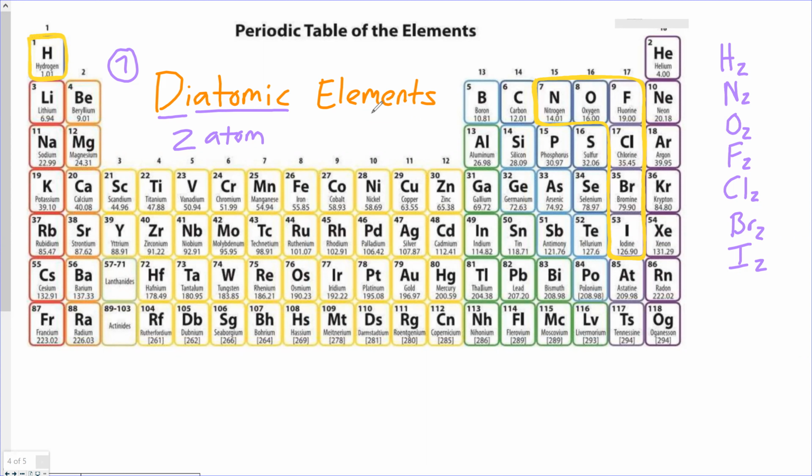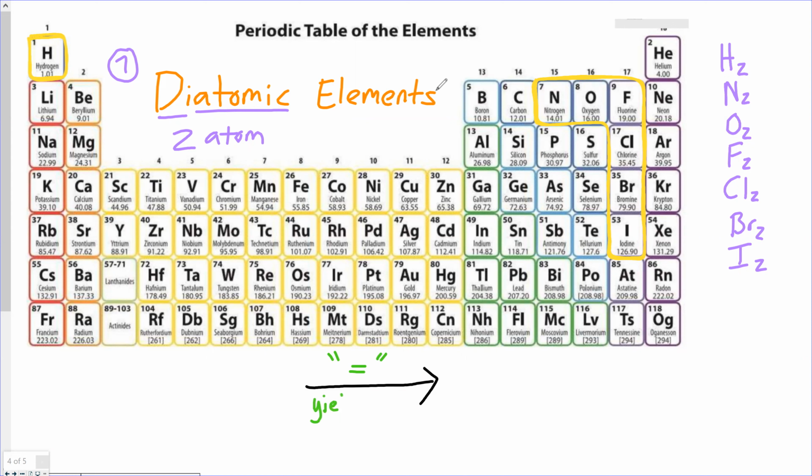So in science, we're going to have equations, but instead of the equal sign, we're going to have an arrow. This arrow is kind of the equivalent of the equal sign in math. You'll hear it called two different things.